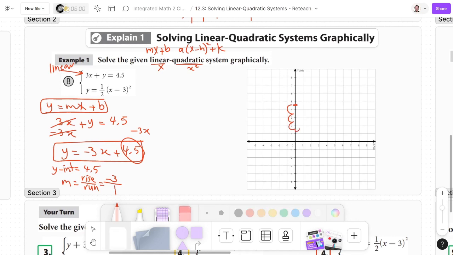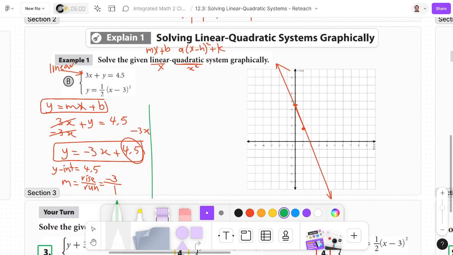So the point should be here. So now graph your straight line from this point to this point. So this is your straight line. Now from this straight line, let's start drawing the vertex form.